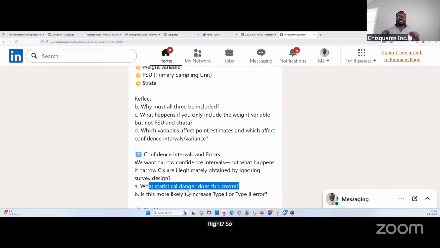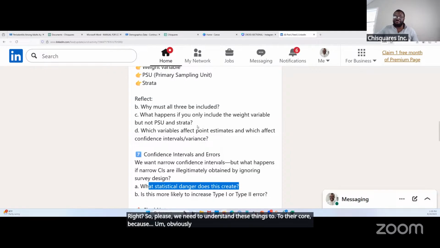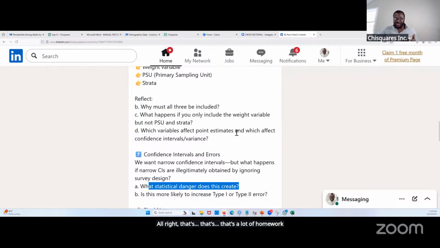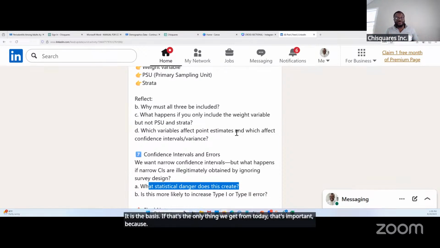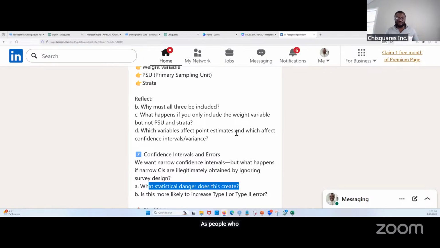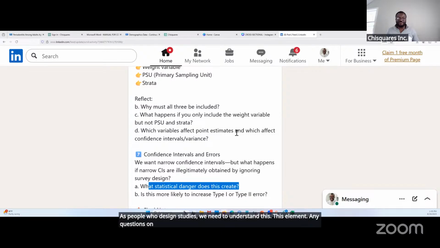So please, we need to understand these things to their core, because obviously they have an impact on how we design studies. All right, that's all of the homework. We took a lot of time, approximately 1 hour, to go over that because it's very important. It is the basis. If that's the only thing we get from today, that's important, because as people who design studies, we need to understand these elements. Any questions on those before we leave?